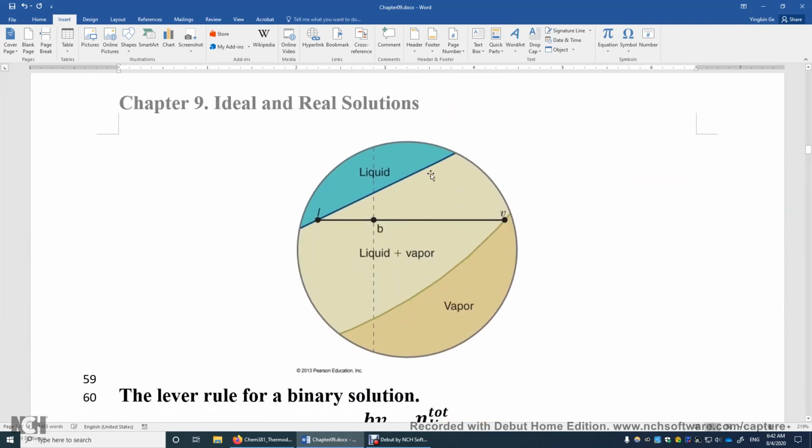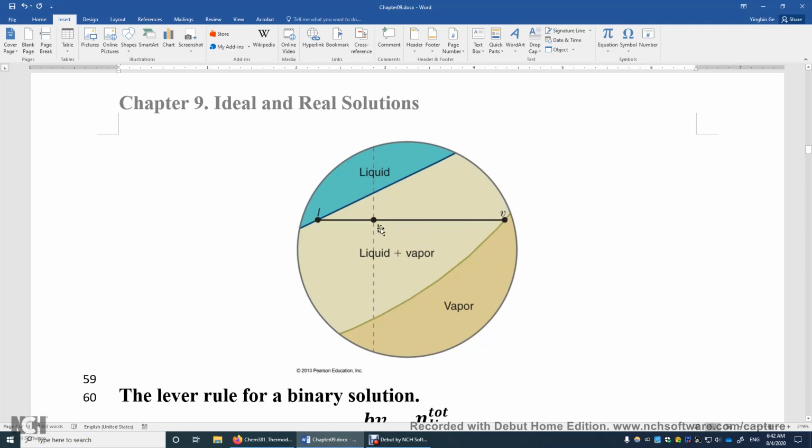Now let's amplify this point B. I want to prove it to you. This part, BV versus BL, is equal to the number of moles of liquid versus the number of moles of gas. It may look a little strange because the liquid phase is here, yet this part is proportional to the number of moles of liquid.